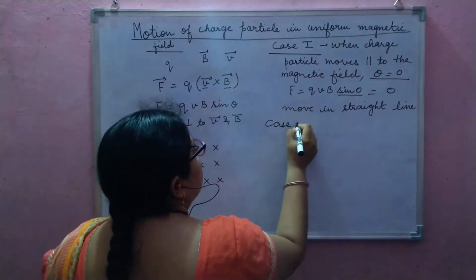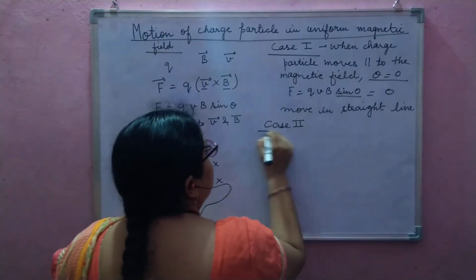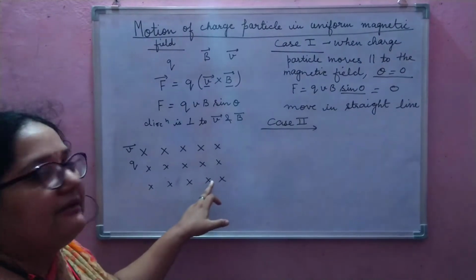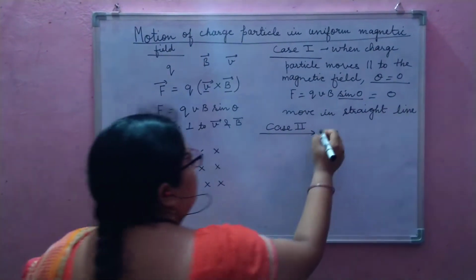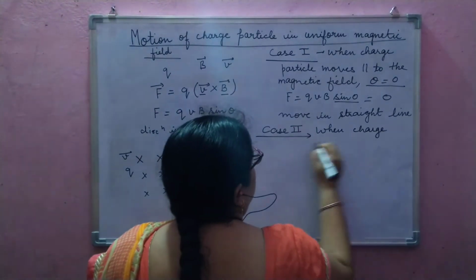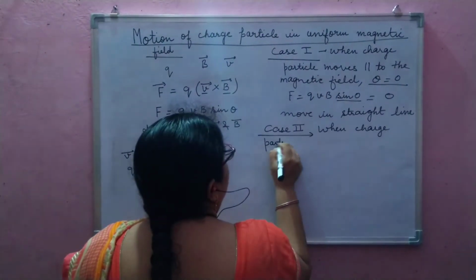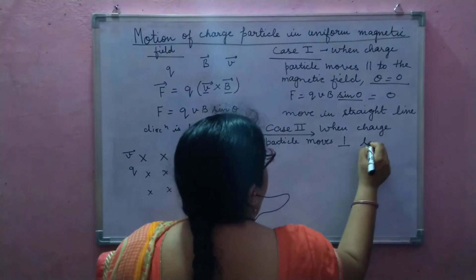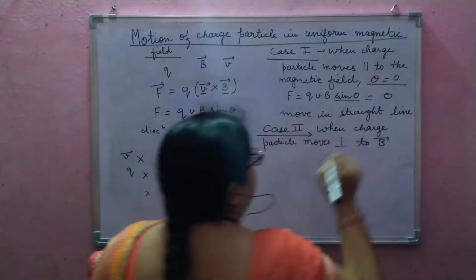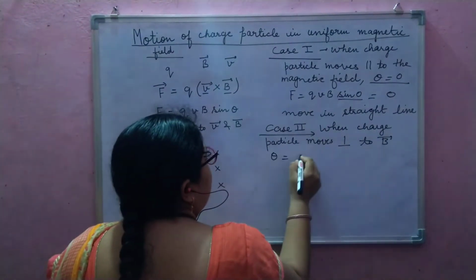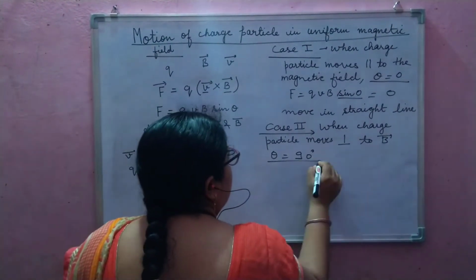Now let us consider case 2, in which the particle moves in the magnetic field perpendicularly. So when the charged particle moves perpendicular to the magnetic field B, the angle theta will be 90 degrees.